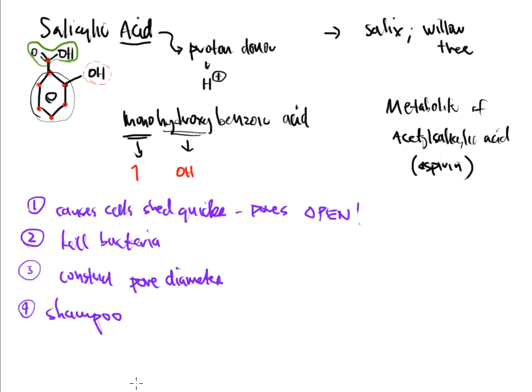Salicylic acid is used in the shampoo and conditioner industry as well. Well, if it can kill bacteria and get rid of nasty germy stuff, then why not use it in your food? And very often some companies will use salicylic acid as a food preservative. So that's not uncommon either.